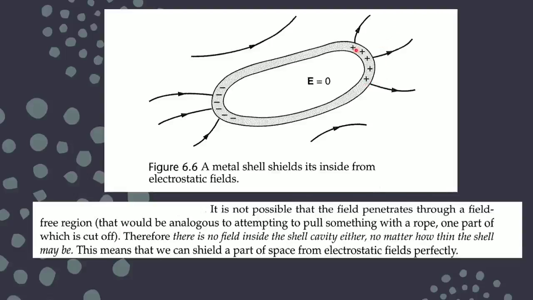Charge is always residing on the surface. These are the properties of the conductor when they are kept in the electric field. So keep in mind that there is no field inside the shell cavity either, no matter how thin the shell may be. It means we can shield a part of the space from electrostatic fields, and this we have already discussed. This protection is termed as electrostatic shielding.